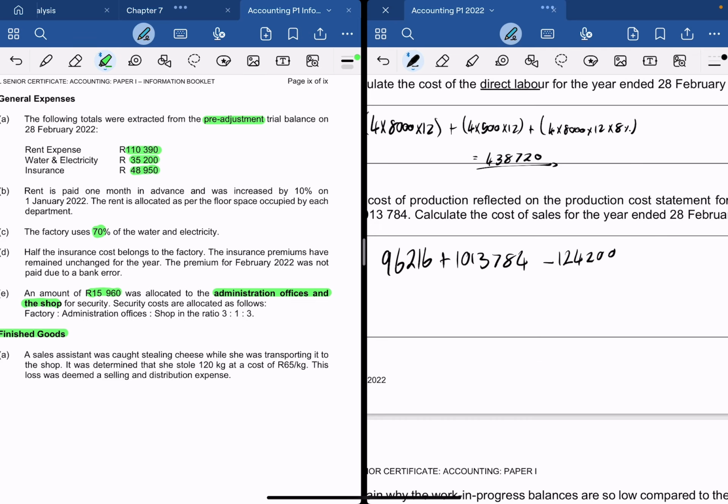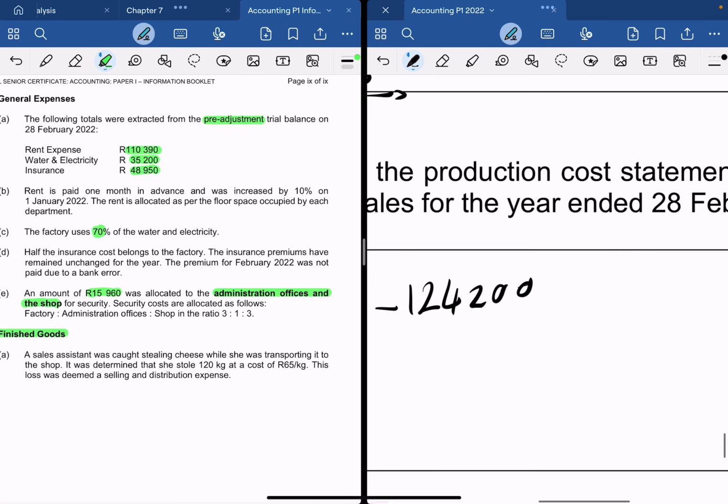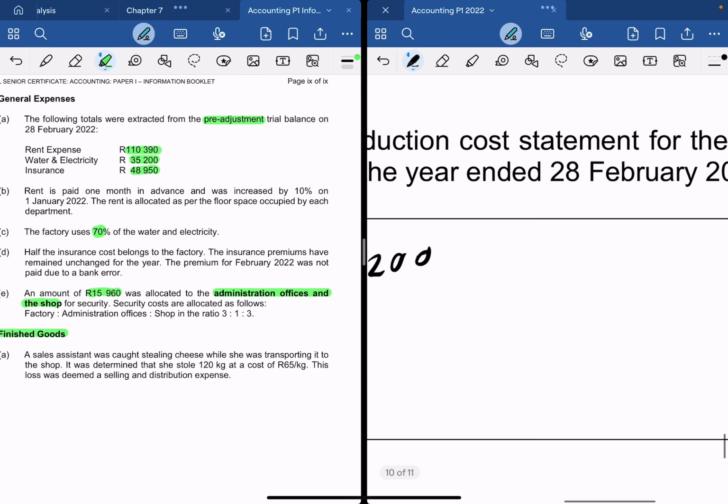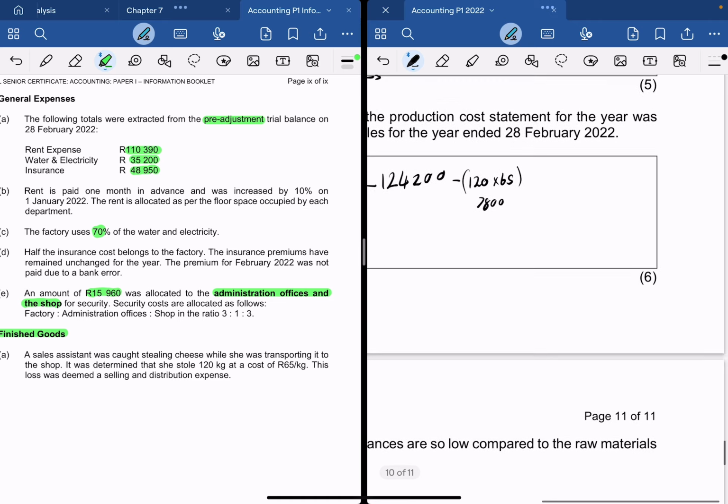So that was taken out of our finished goods. We didn't sell that. It wasn't taken to the store. So we need to subtract 120 times 65, which becomes 7,800.